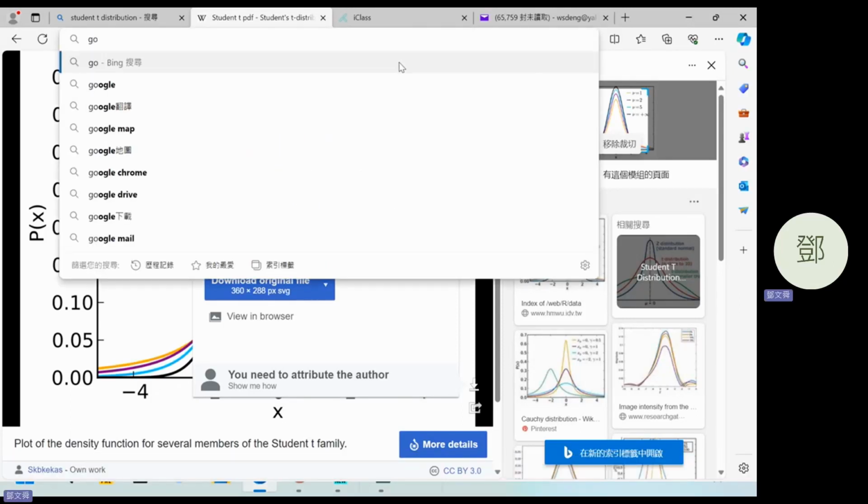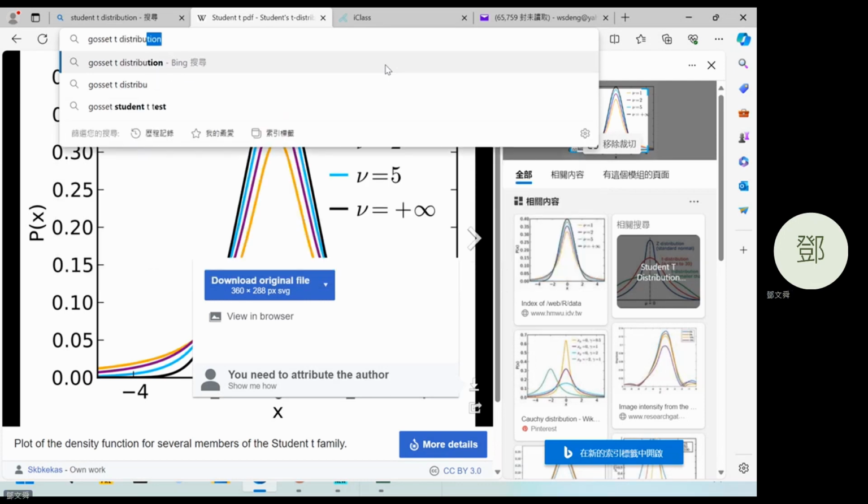Gossett, the one who established student T distribution, is, well, not here. Oh, the photo is not here. Gossett, T distribution. A British chemist. Hey, he's not a mathematician, nor a statistician. He's a chemist.